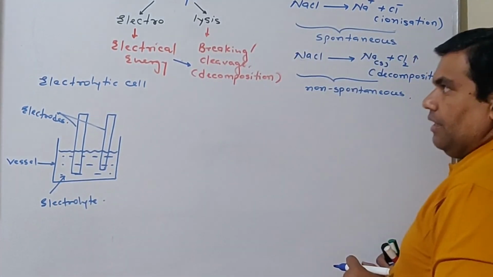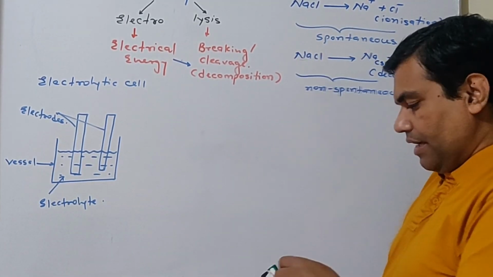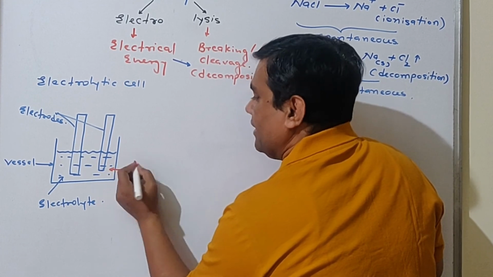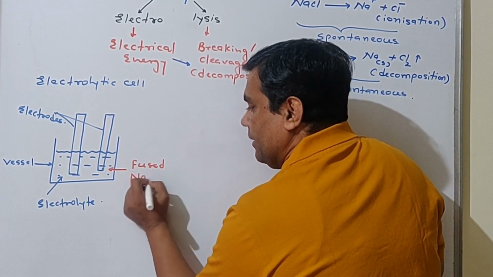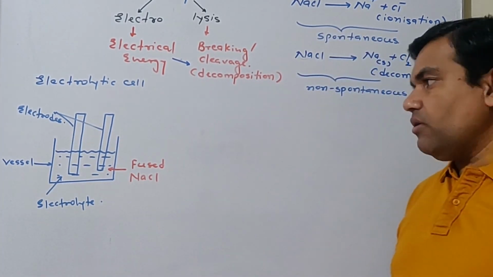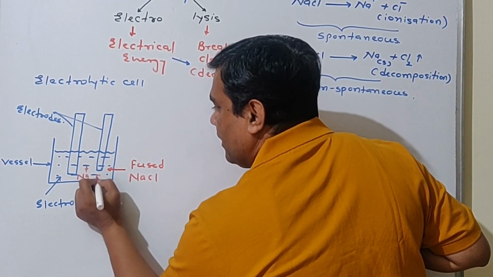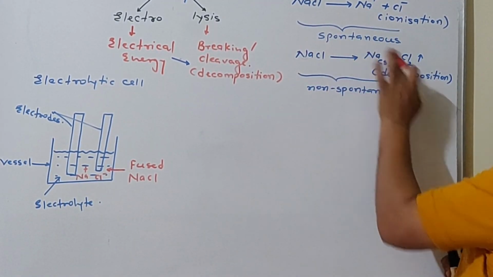Let us take an example of NaCl. If we take aqueous NaCl or fused NaCl, let's say we take fused NaCl first. When we take fused NaCl, that means Na+ and Cl- ions will be there, because ionization takes place on its own.